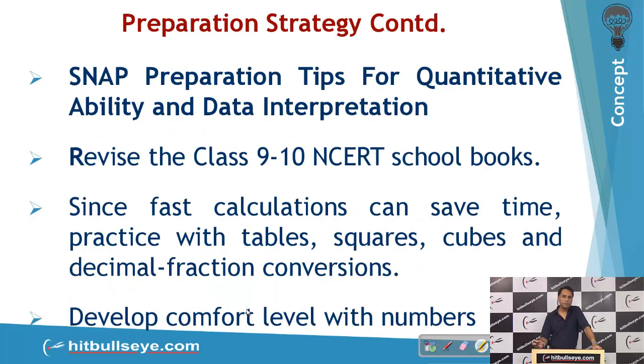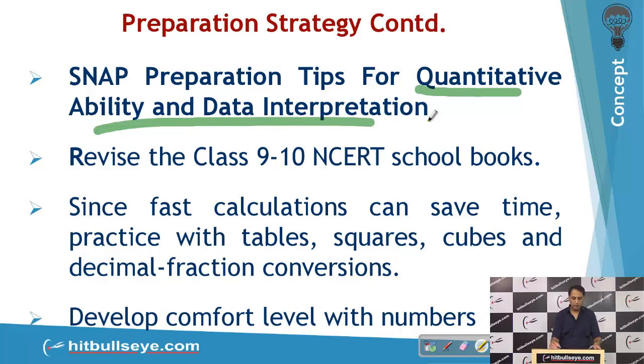Let's look at the preparation strategy section-wise now, starting with the quant ability and data interpretation section. Oh yes, go back to class 9th, 10th NCERT school books. All the concepts have been given there. You need to go back and revisit those books and make yourself comfortable with the core concepts. Since fast calculations can save time, practice with tables, squares, cubes, and decimal fraction conversions.